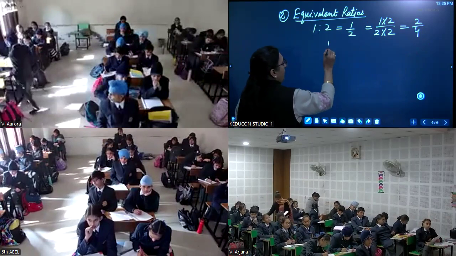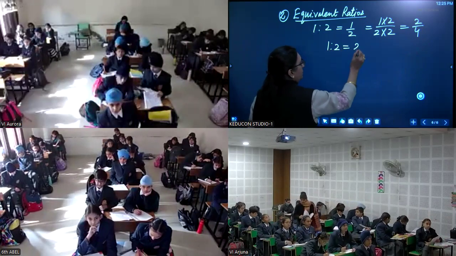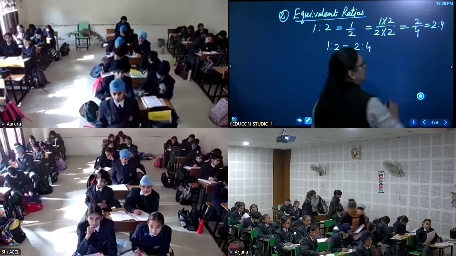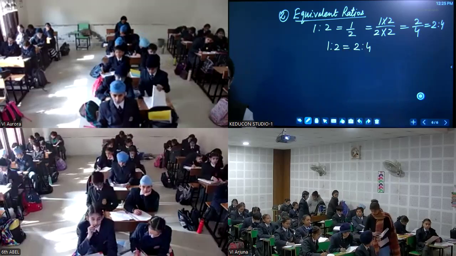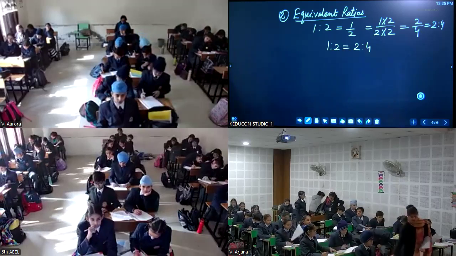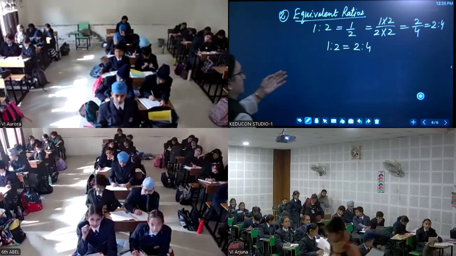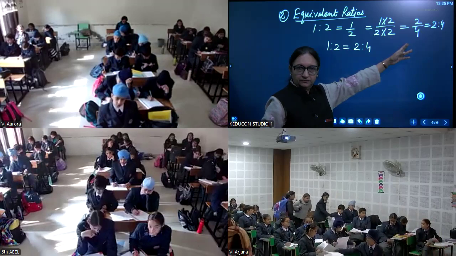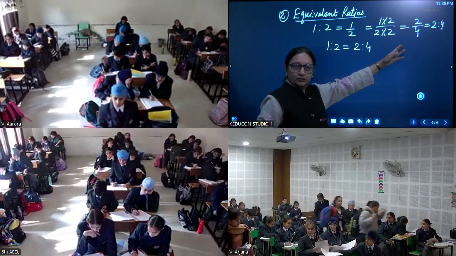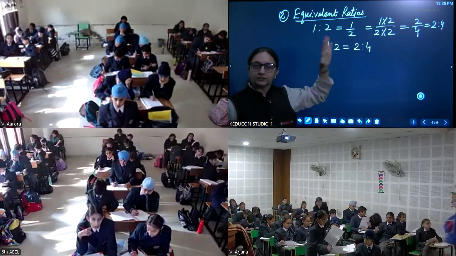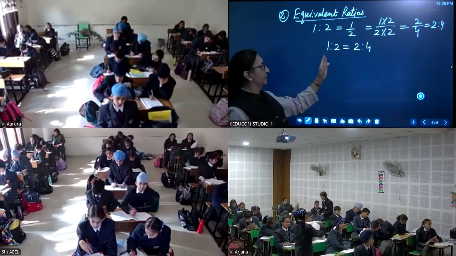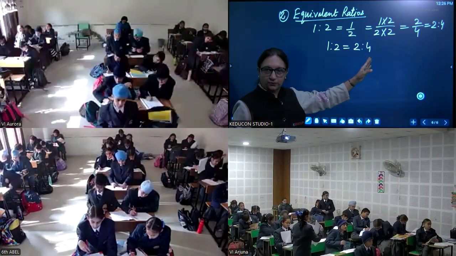It means 1/2 is equal to 2/4. In the fraction chapter you read that 1/2 is equal to 2/4. So I'm writing the same thing in ratio form now.